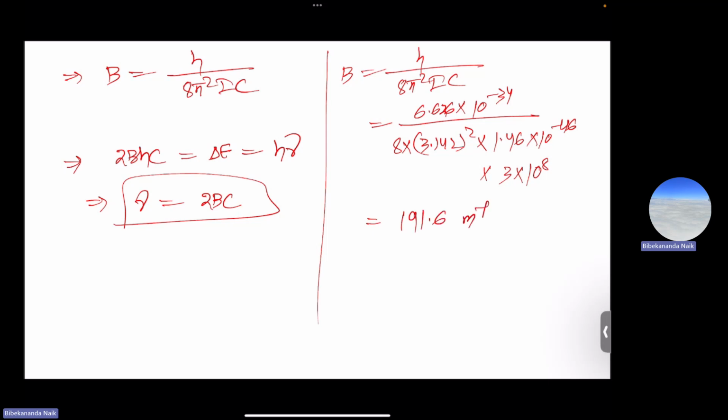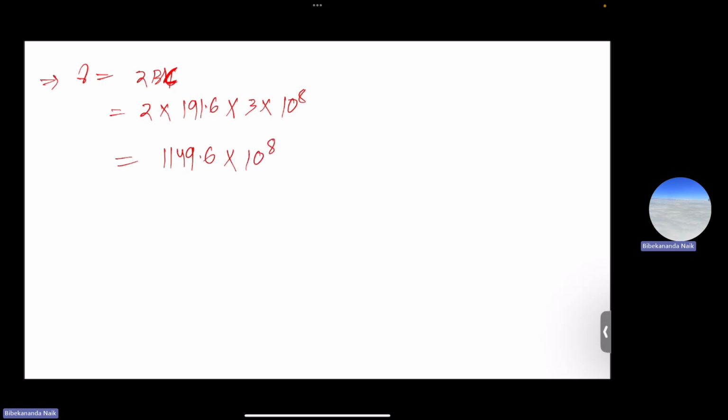191.6 meter inverse. Now if you put the value of B, the frequency is 2B into c. So 2 into 191.6 into c, which is 3 times 10 to the power 8, will be 1149.6 times 10 to the power 8.